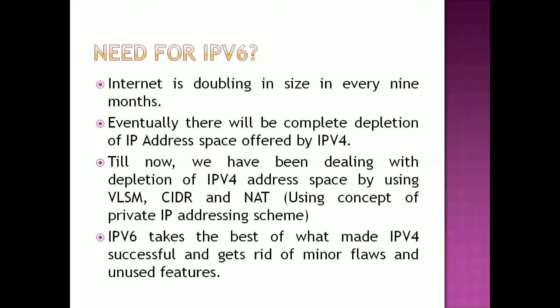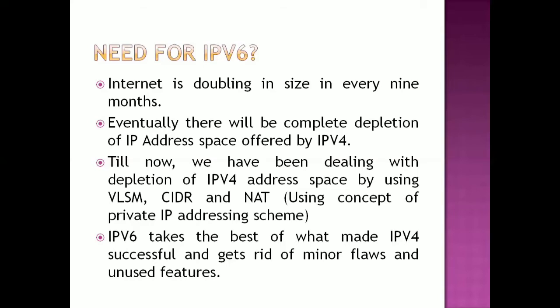And there isn't any IGMP protocol in case of IPv6. IGMP was the Internet Group Management Protocol. So the IGMP protocol is not present in IPv6, whereas in IPv4, the IGMP protocol was used by a host when it was going to become a member of a multicast group.